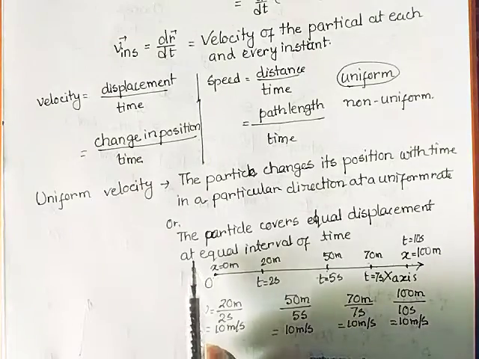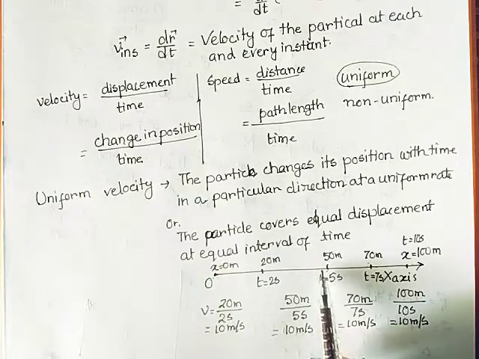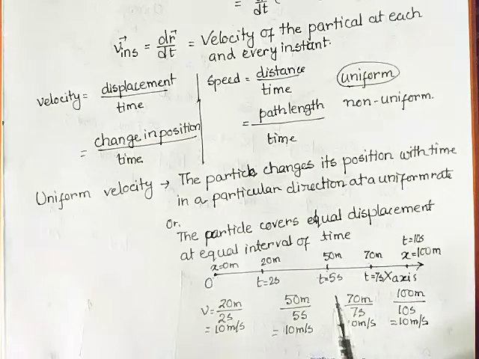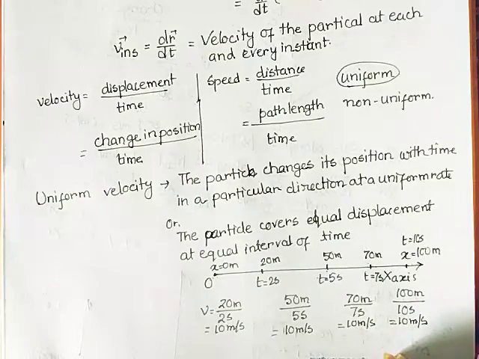As the particle moves along the x-axis, its velocity is not changing. That means it covers equal distances at equal intervals of time in a particular direction, that is, its change in position with time is at a uniform rate, the uniform velocity. But in most cases uniform velocity is an ideal concept.